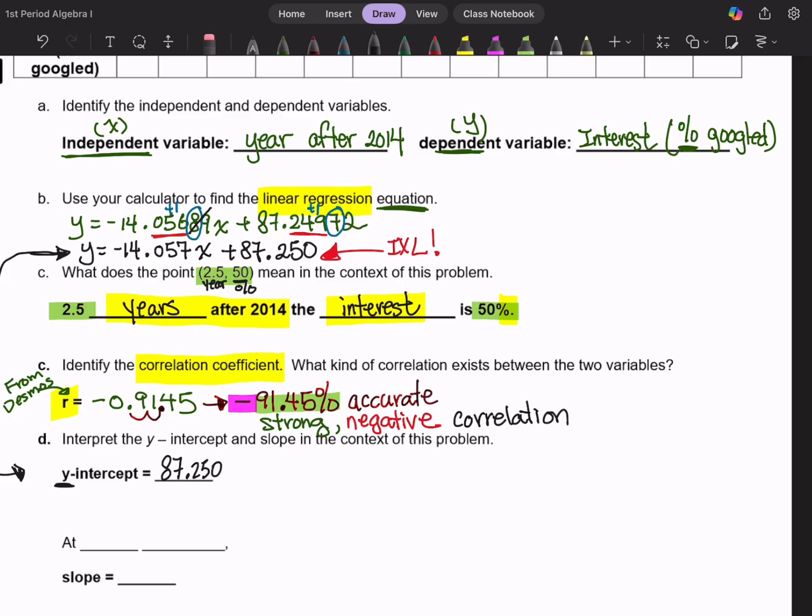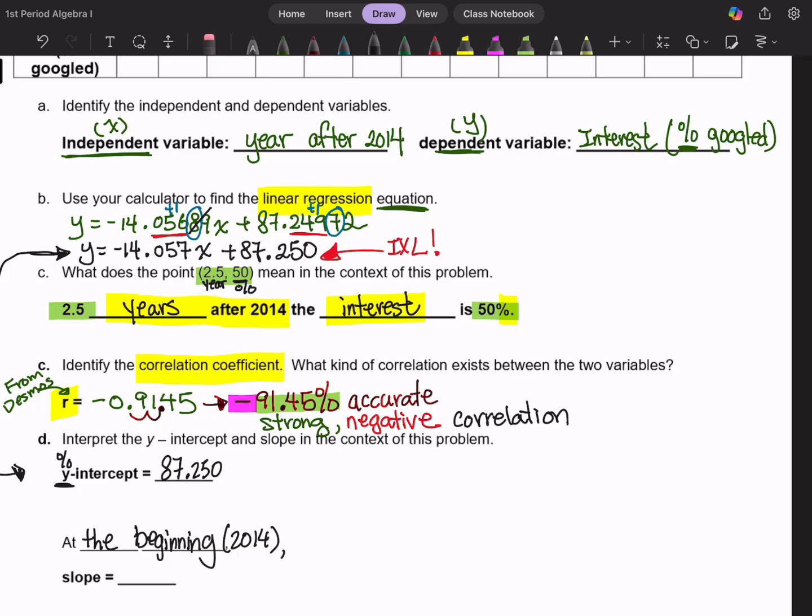Y-intercept means I'm talking about the y value. That's a percent interest, a percent Google. When is it happening? At the beginning. That's always when it's happening. Really, that's at the year 2014. So what happened at that year 2014?